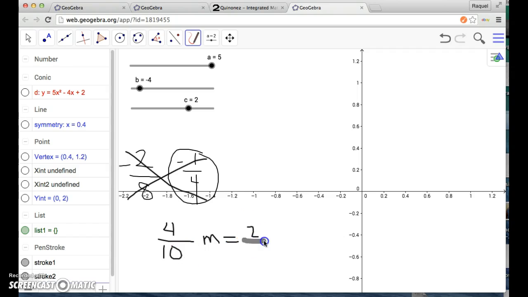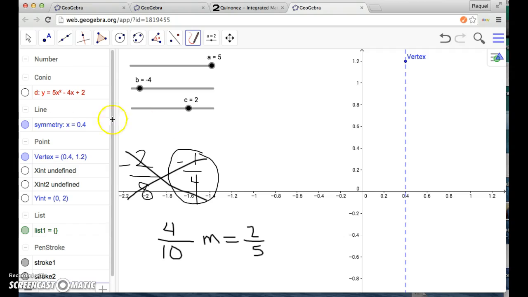We get 2/5. 1/5 is 20 cents, so 2/5 is 40 cents. So it's going to be right here. Watch this. See, it's right here. Boom, at the middle. And next, you're going to plug in 0.4 here, square it times 5, and then put 0.4 here times negative 4, and then add that, and whatever that is, plus 2, and that'll give you your lowest point, which would be your vertex.